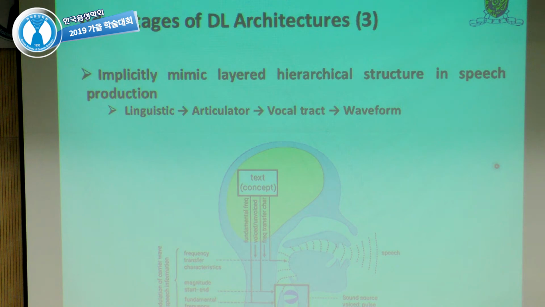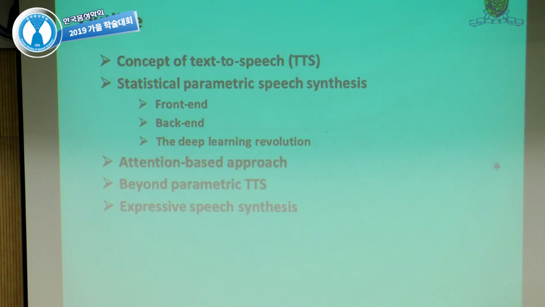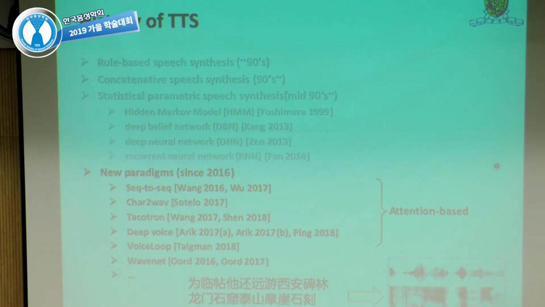And the other advantage is that deep learning implicitly mimics the layered structure, the layered production process of humans. Right, so now we have finished the part on statistical parametric speech synthesis, consisting of HMM and DNN. Now we will talk about the recent improvements based on such methods.